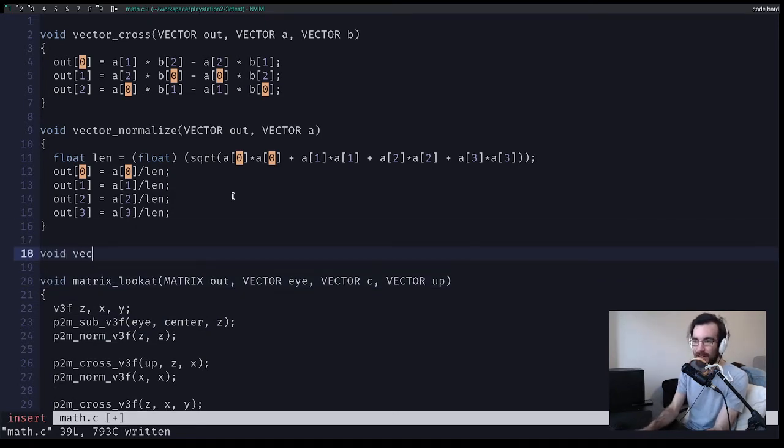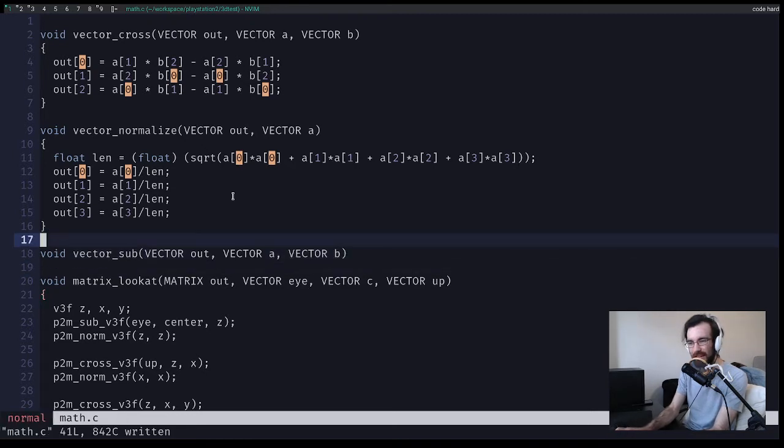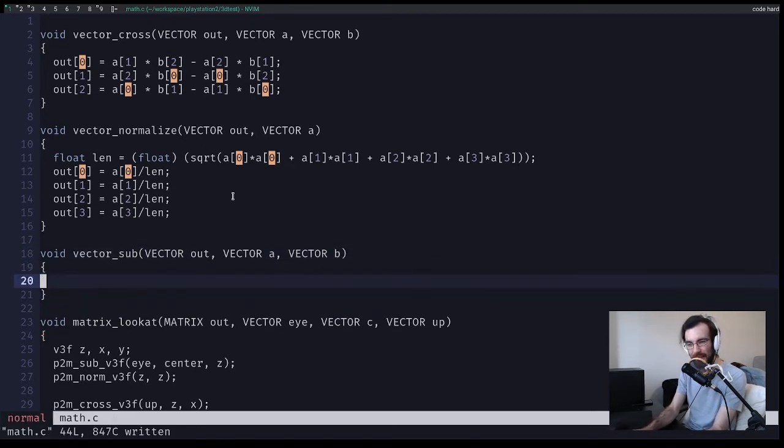It's kind of crappy, but anyway. Vector sub. This is subtract b from a, this is a minus b. Yeah, so out 0 equals a 0 minus b 0.